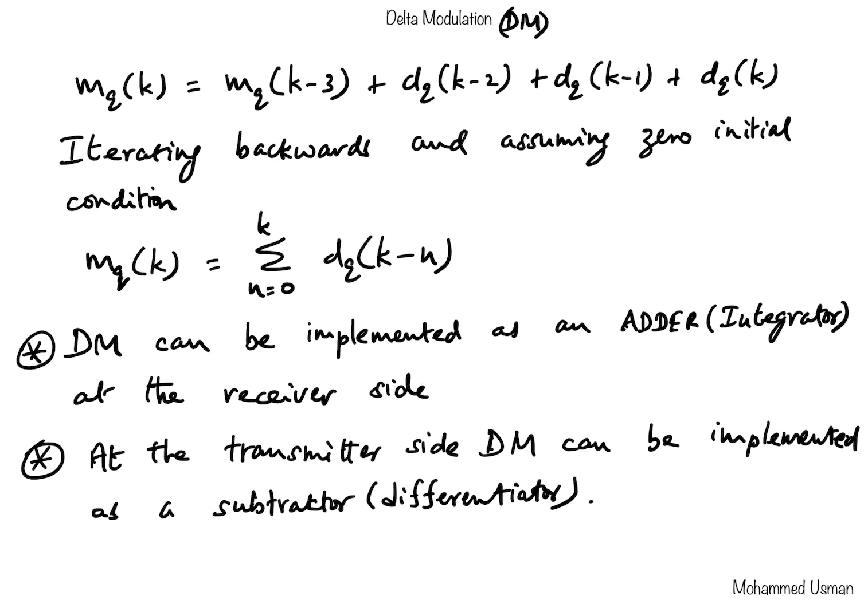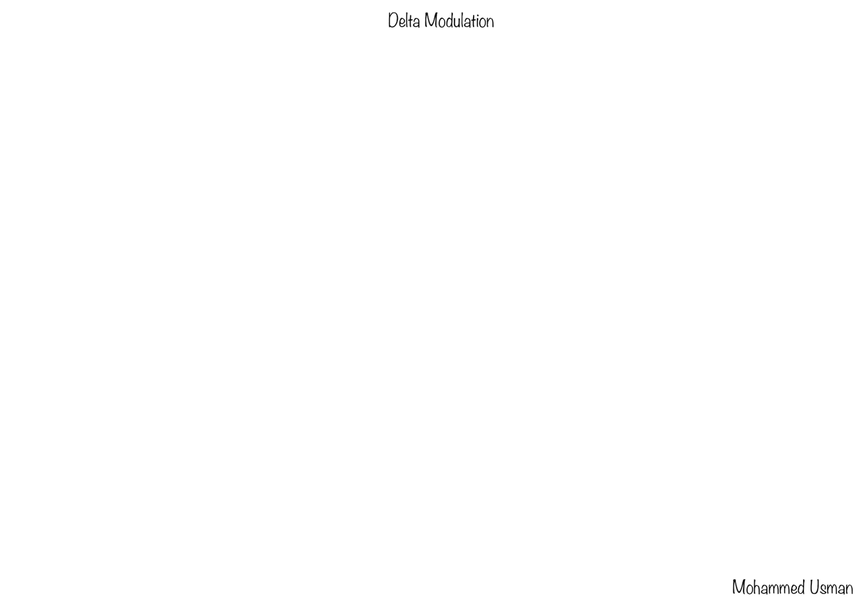So even if we have 16 quantization levels or 32 quantization levels, the number of bits per sample would not be 4 or 5, but irrespective of the number of quantization levels, the output of the delta modulator is always a single bit, which is either a 1 or a 0. So delta modulator is also called a one-bit quantizer. That's another point that we are going to state.